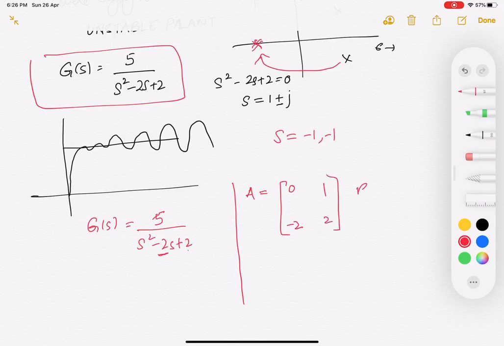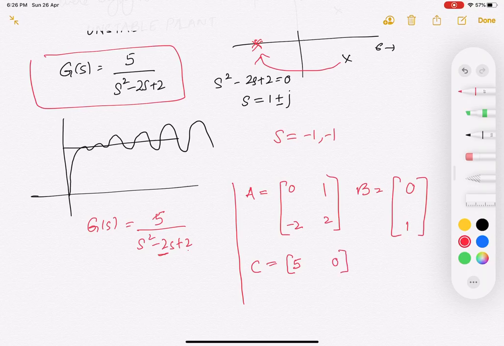B, as usual, is going to be 0, 1, all zeros, the last part 1, and C is going to be what you have in the numerator. So in the numerator, this is 5, and then all the other entries are 0. So 5, 0 is your C.